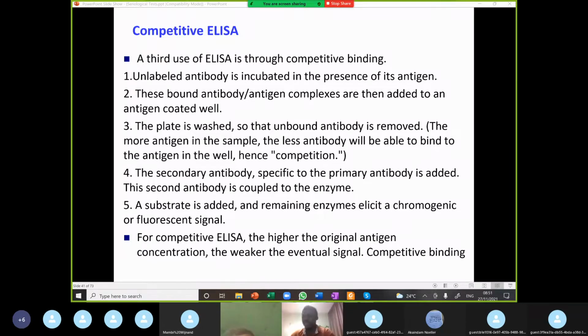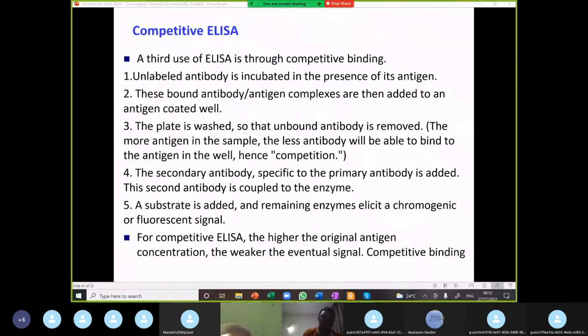So the first step is, after coating, we allow outside the microtiter plate for incubation between the antigen and the antibody. When we now pour this interaction into the coated plates, we expect that only free antibodies will be available to bind to antigens in the coated plate.